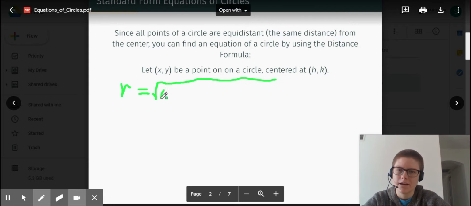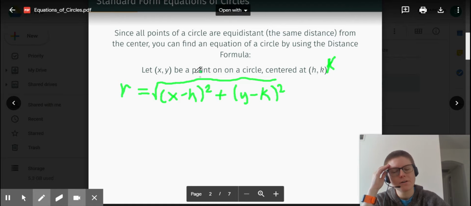Of x minus h squared plus, and this is just the distance formula, y minus k. That looks like an r, but it's a k, not r.